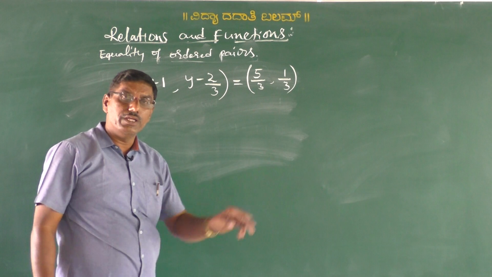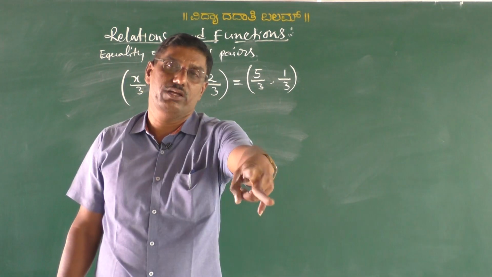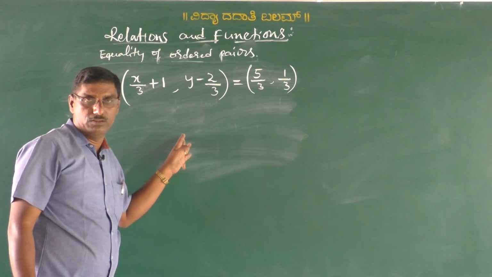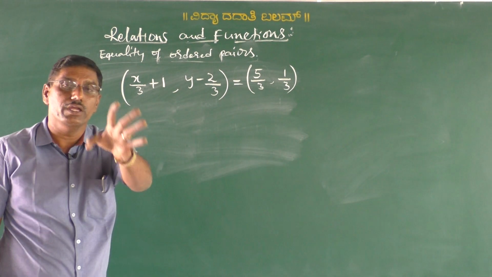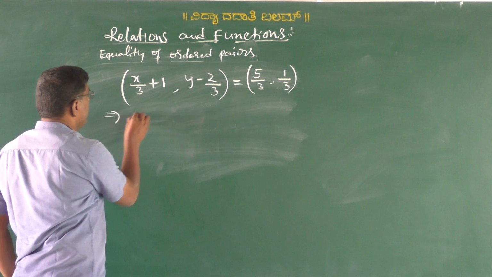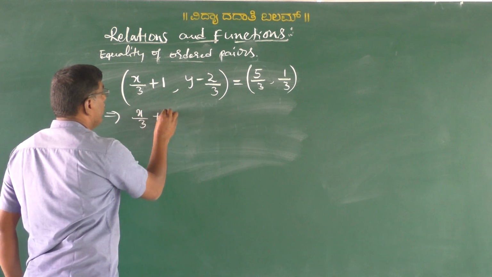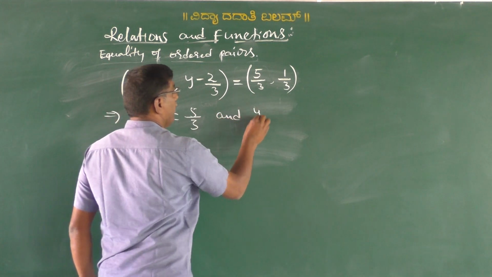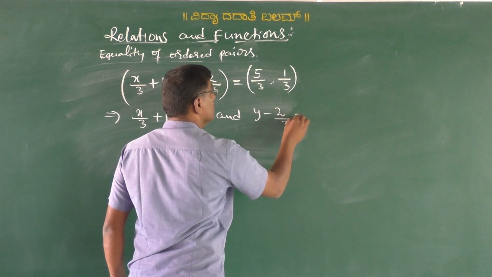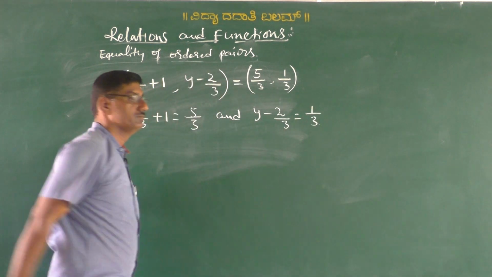Here also it is given that the two ordered pairs are equal. From this we can write that the corresponding elements are also equal. That means x by 3 plus 1 is equal to 5 by 3 and y minus 2 by 3 is equal to 1 by 3.